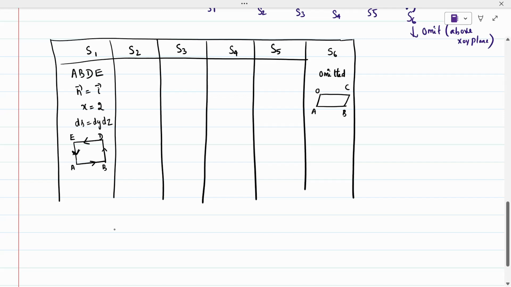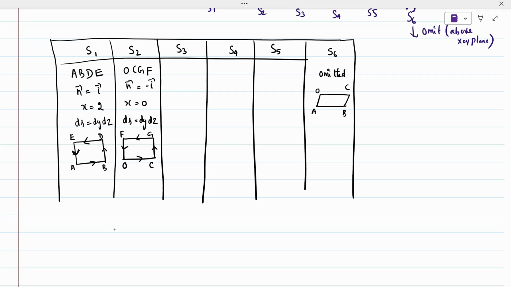My n vector is minus i. x is nothing but 0, so my dS is the same YZ plane only. My diagram will be like this: O, C, G, F, anti-clockwise. So the second surface also is completed.